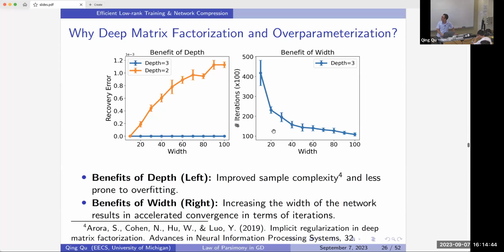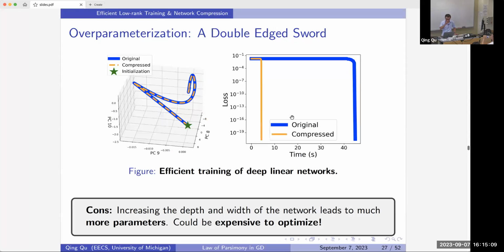Another thing is that for a deeper network, if you increase the width, the width is doing something like a preconditioning that reduces the number of iterations. It will accelerate your convergence. However, increasing the depth or the width will significantly add to the number of parameters that you use.